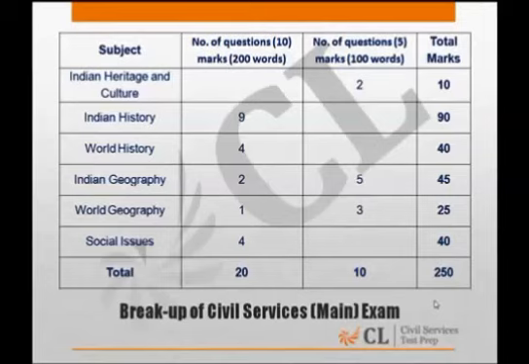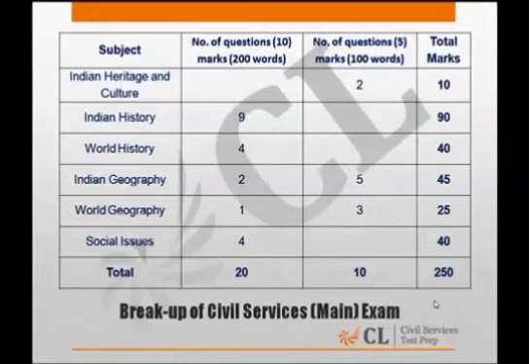So thus we can see here that in this mock 1 for GS paper 1, there are two questions based on Indian heritage and culture. Both questions are of 100 words, and the maximum assigned marks to them are 5 marks each.